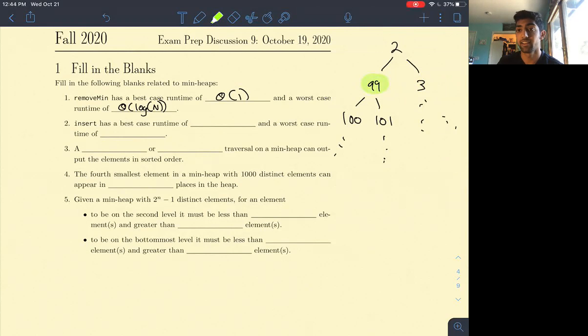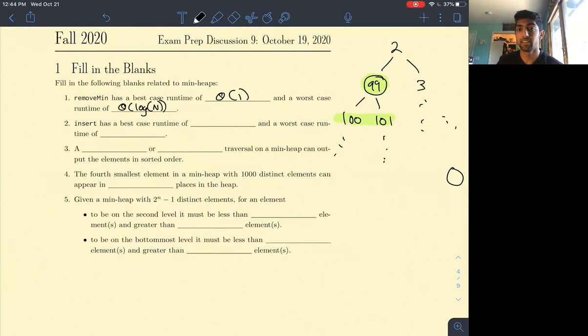Looking at this example, you can see that if the element that we promote in the bottom right corner is less than these 2 elements in the other subtree at the third level, this element 99 will stay where it is, and it'll only do 2 swaps, right? It'll first go to the top, and then it'll swap with 2.